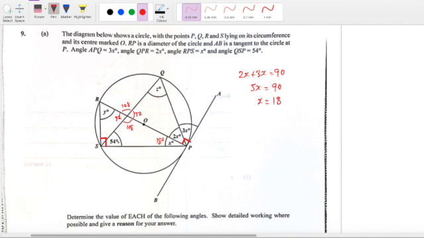Yeah, and so if this is 72, let's see, this is 54, and that will make this 54. 90 minus 54 is 36. So this is 36, this is 72. So 36 plus 72 is 108. 180 minus 108 is 72.